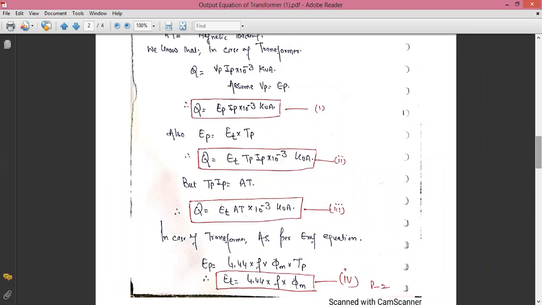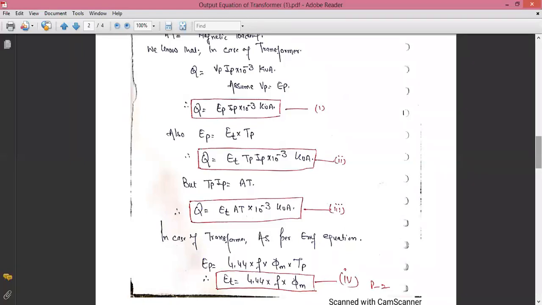Now we know that primary side voltage, that is Ep, is equal to EMF per turn, Et, and Tp, that is turns on the primary side. So you can say that your Ep is equal to Et into Tp. So your equation number 1 becomes Q is equal to Et Tp Ip into 10 raised to power minus 3.